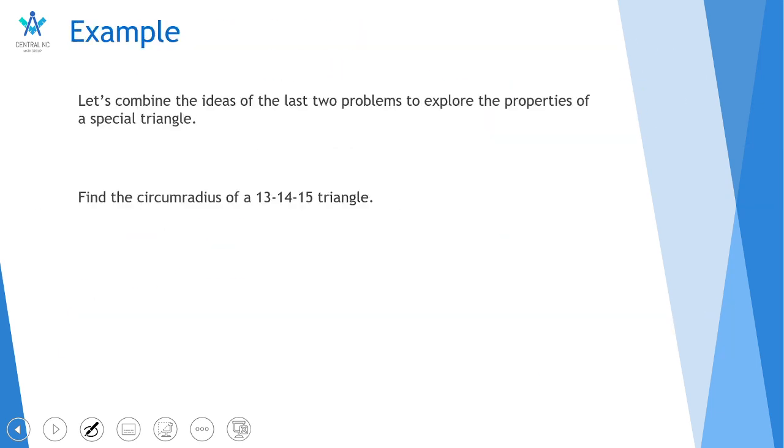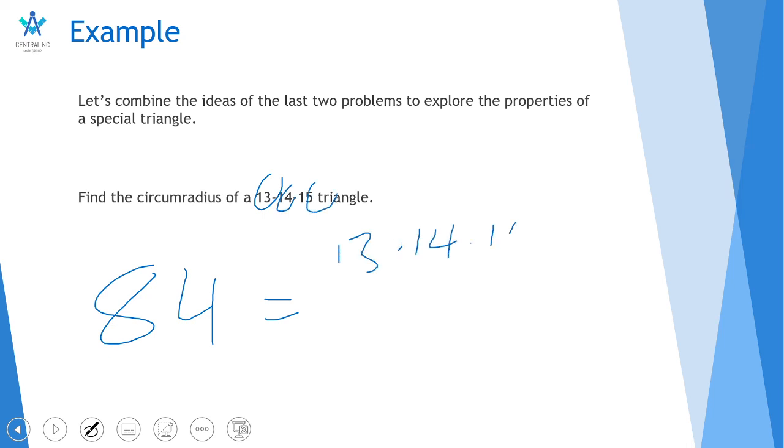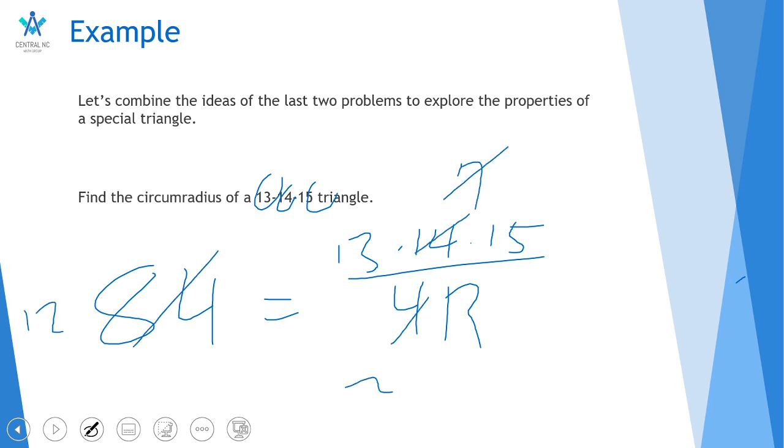Okay? So we do 84 is equal to this times that over 4 times R. A few things cancel out, like that becomes 7, while this becomes 2. This is 12.